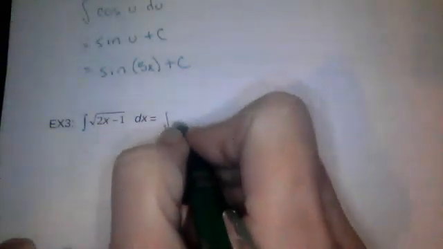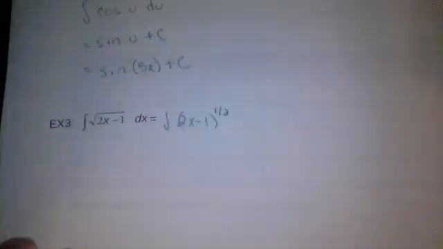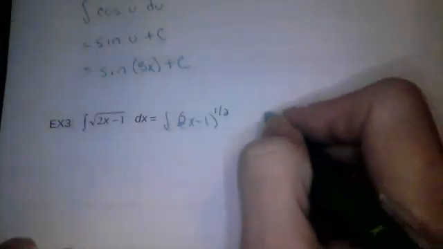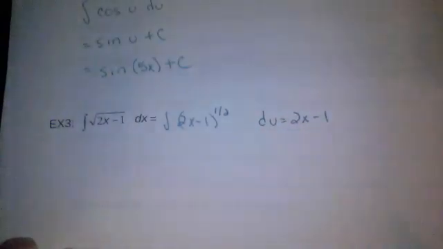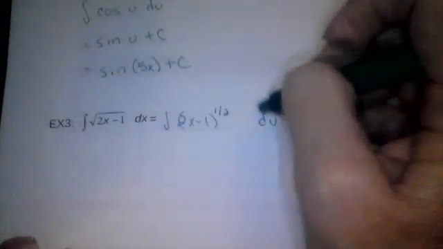So now we have one that may require us to do a little more work, but remember that this is the same as the integral of 2x minus 1 to the 1/2 power. So we're going to let u equal the inside function, 2x minus 1.